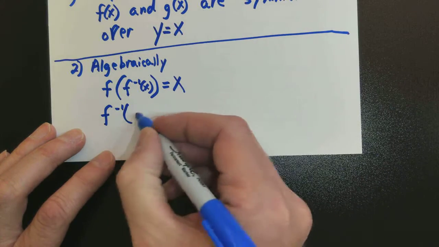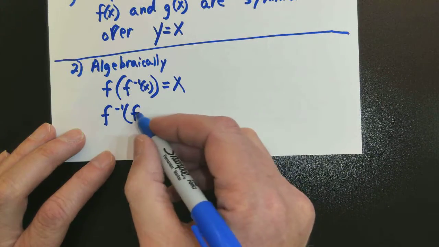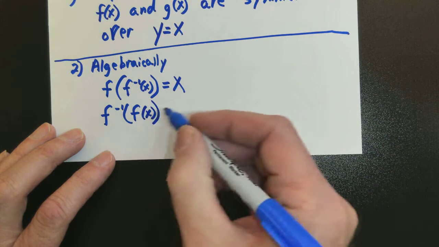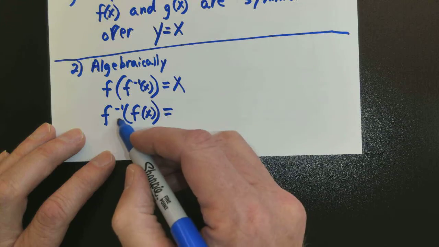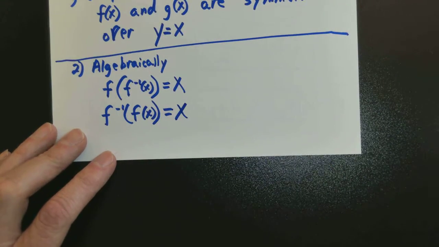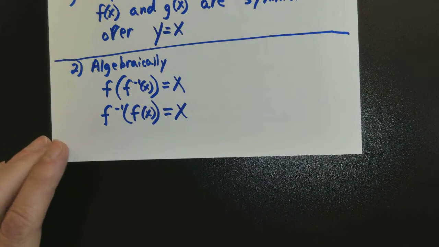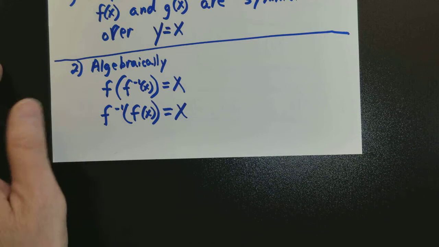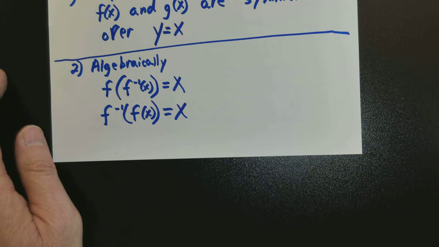And also, the inverse function of f of x, inverse function of the function of x, I should say, is also equal to x, if you do that composite function. Okay. So far, so good?